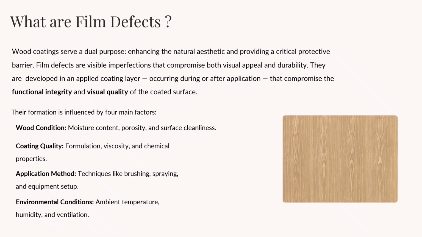Second is the quality of the coating material such as its formulation, viscosity and chemical properties. Third is the application method like brushing or spraying techniques and equipment setup. Finally, environmental conditions such as temperature, humidity and ventilation also influence defect formation. So proper surface preparation and correct application methods are important to avoid these defects.